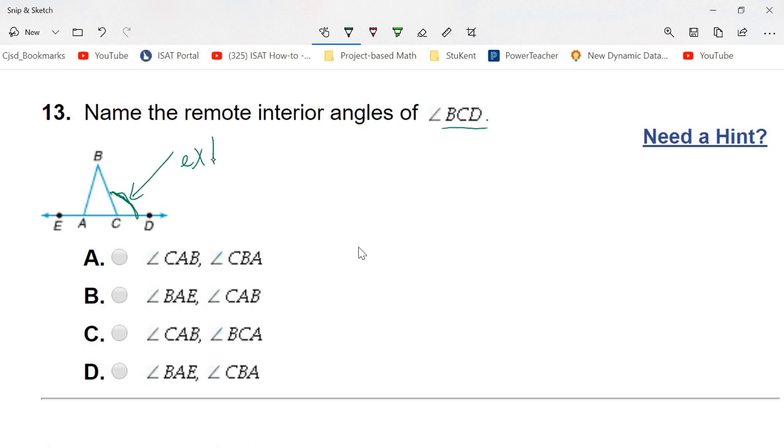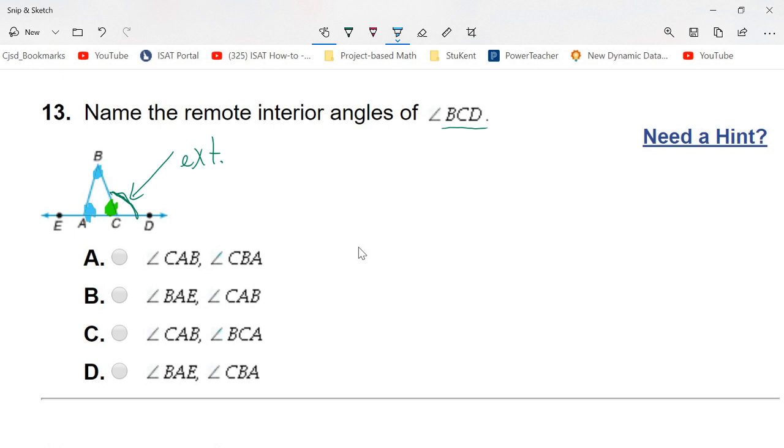So that's your exterior. So one angle inside is adjacent, and it's this one. That one's adjacent. So that means the other two that are not adjacent, they're the remote angles. That's this guy and this guy. Those are my remote angles.